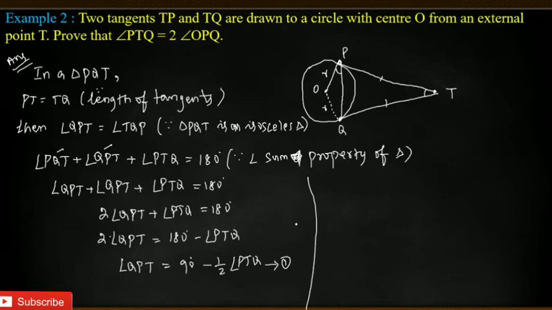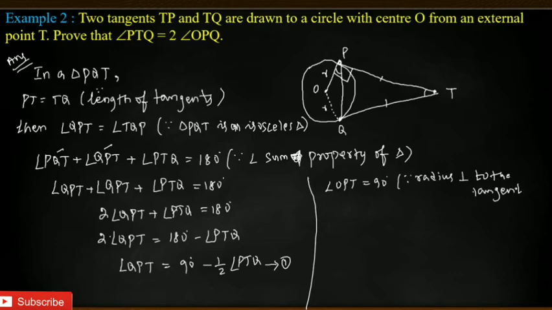Now I go to something else. The full angle from the radius to the tangent we know is 90 degrees. So angle OPT is equal to 90 degrees, because the radius is always perpendicular to the tangent.